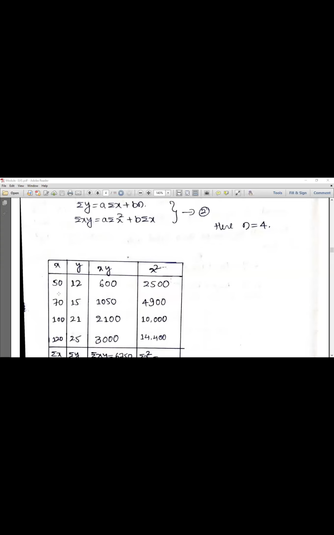That horizontal table I'm writing vertically now. Based on the normal equations, we have to construct a table. So when you add the y column, you'll get summation of y. Summation of x is required; when you add x, you get summation of x. And n is 4.